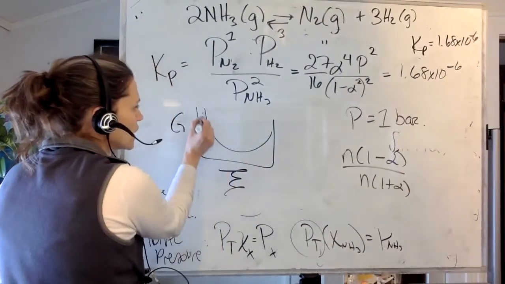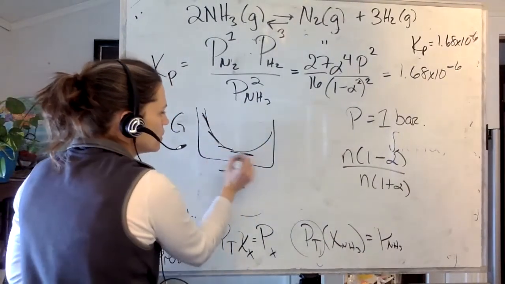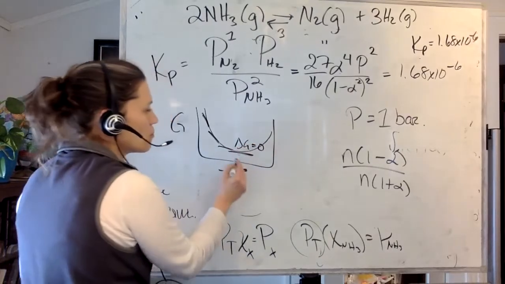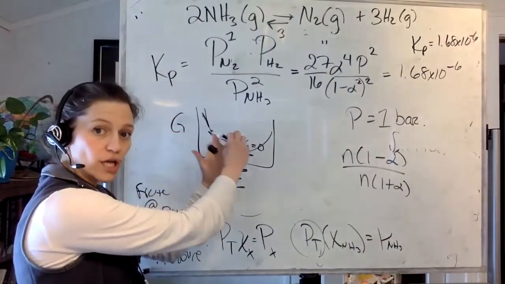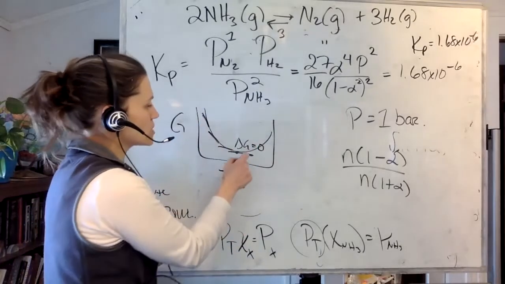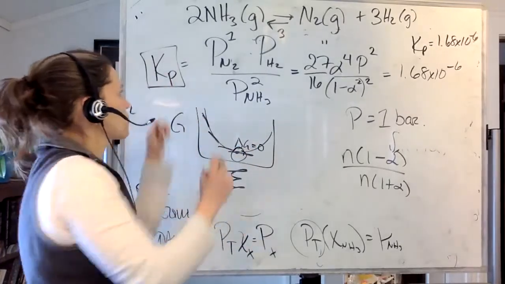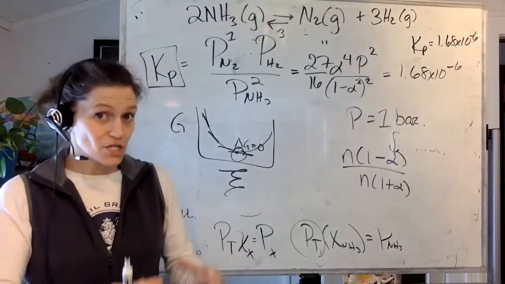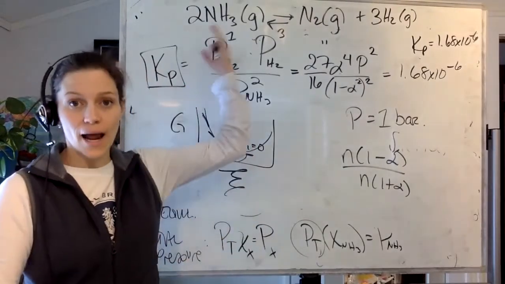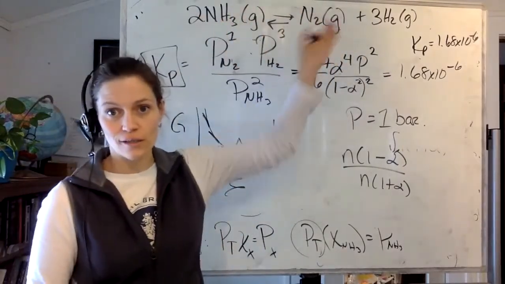Okay, and as we get closer to that delta G equals 0 moment, or equilibrium, we're going to have the reaction quotient changing. And as it changes, it's going to get closer and closer to representing the equilibrium constant. And that equilibrium constant has information contained within it about how the chemistry is actually occurring.